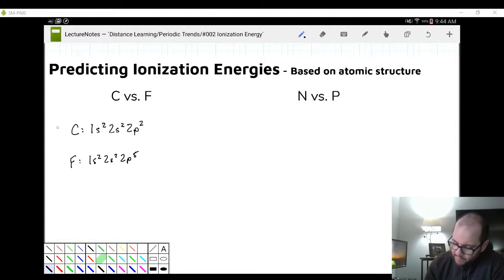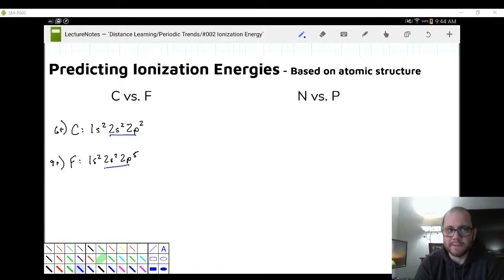And we know that both of these, with their proton numbers, would be pulling in on those electrons there. Both of them have two occupied energy levels. So in terms of distance from the nucleus, those electrons are, relatively speaking, the same distance away. We know that their radii are not exactly the same, but the number of energy levels is.